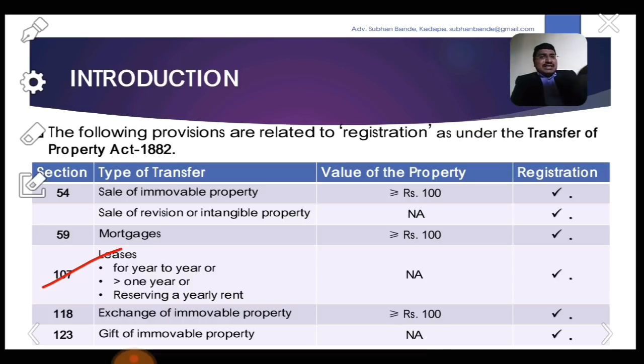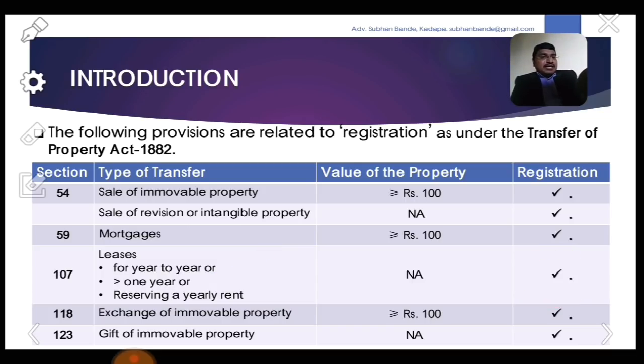The next provision under Transfer of Property Act related to registration is Section 107. According to Section 107, registration is compulsory for the lease from year to year, or leases for more than 1 year, and leases reserving a yearly rent.